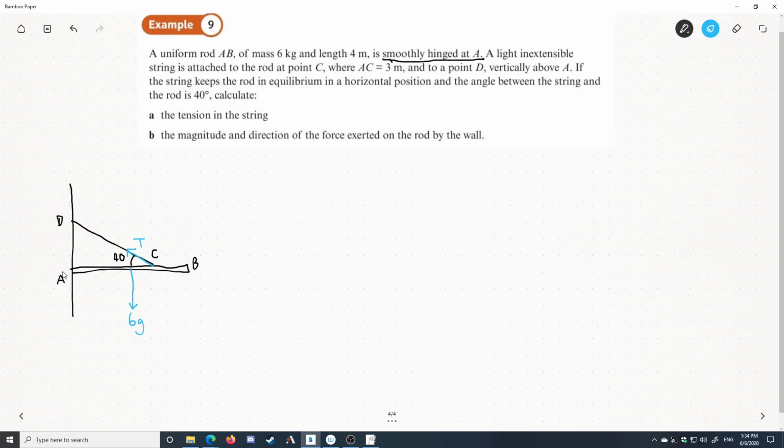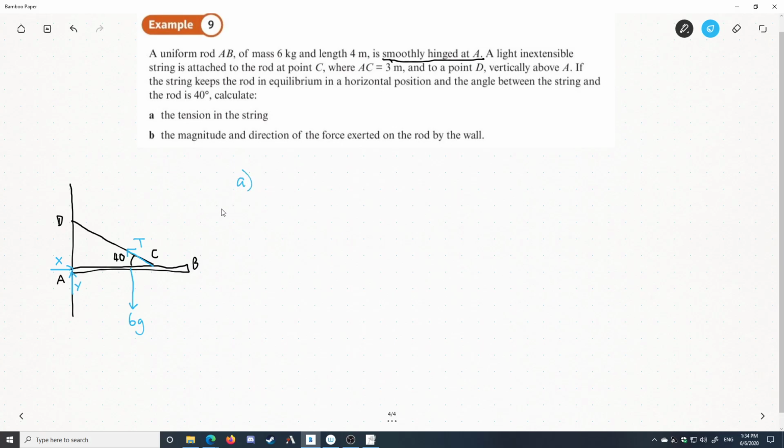The best way to deal with that is to label two forces, one horizontal and one vertical, and then we can work them both out, and if we need to, we can combine them to get a single answer at the end.